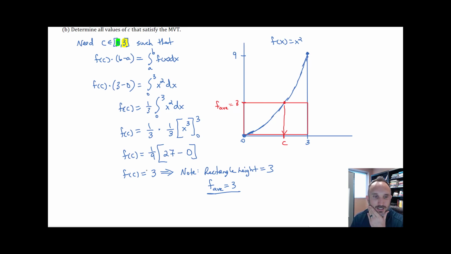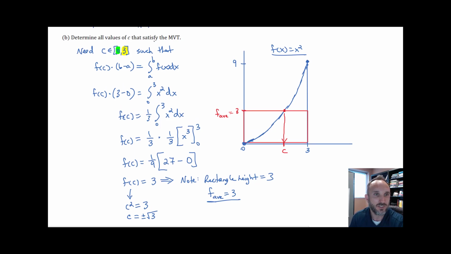Now don't forget, f of x is x squared. So f of c is c squared. That's key, right? So now if I want to solve for c, all I have to do is take the square root of both sides, and I can see that c could be positive or negative square root of 3. But since the original problem says determine all c values that satisfy the mean value theorem, we only need any c that's between 0 and 3.